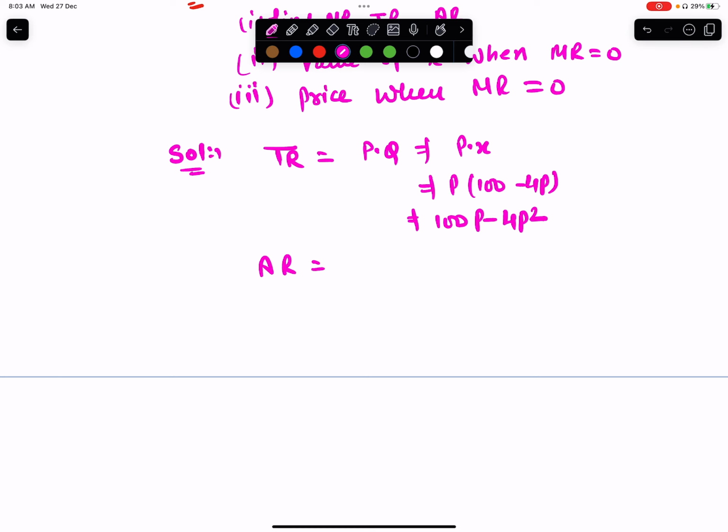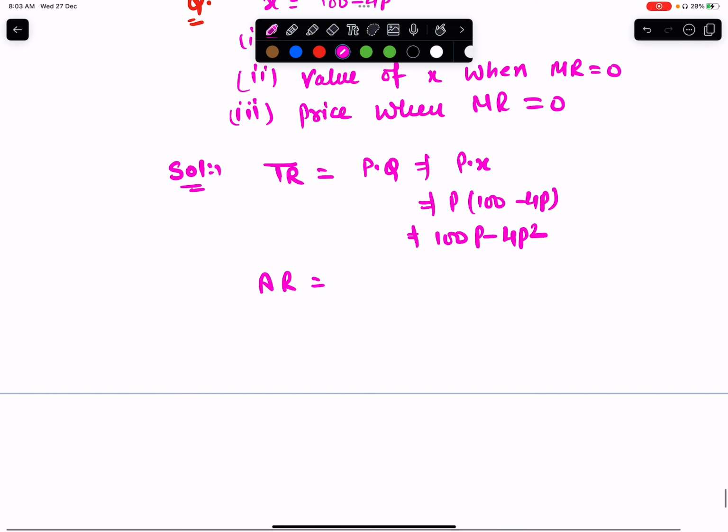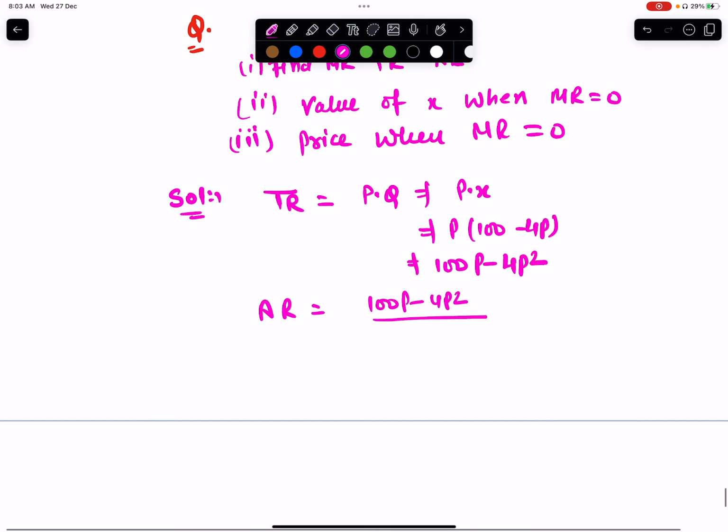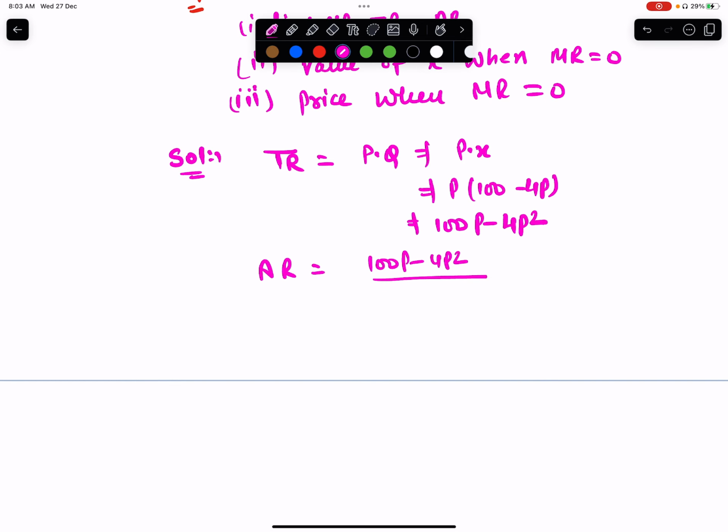Average revenue equals P, that is 100 minus 4p. Wait a minute. Total revenue is P into x, where x equals 100 minus 4p.